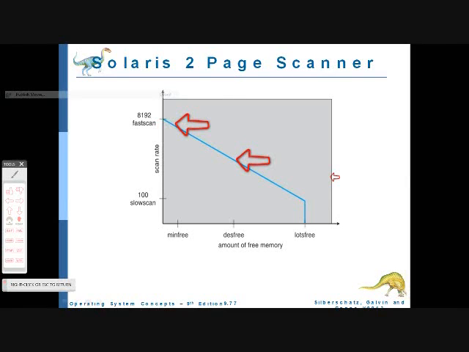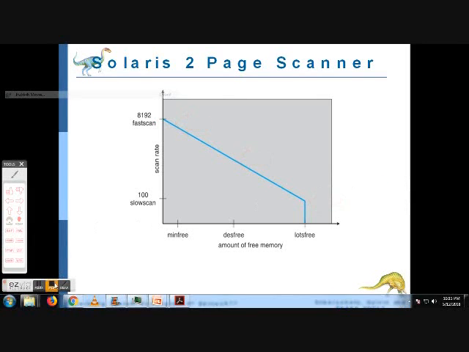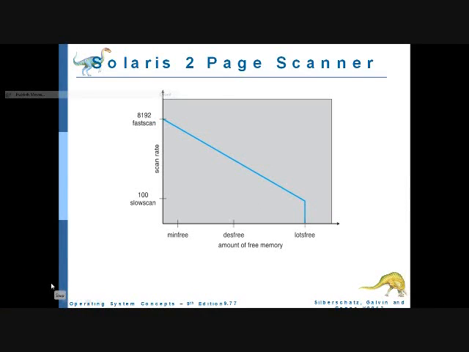If the amount of memory is right in the middle, then there has to be something in between slow scan and fast scan rate. And if it is lots free, meaning there is a lot of free memory, then a slow scan has to be performed because there's no need for fast scan, because there are a lot of free frames available in the random access memory.